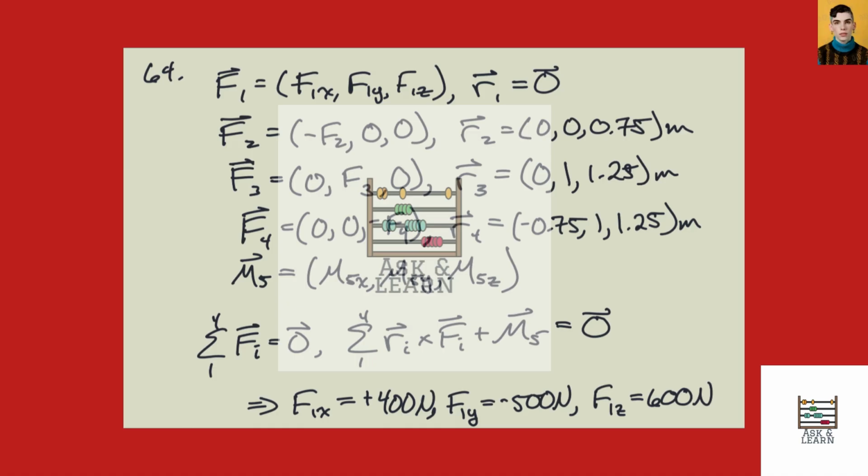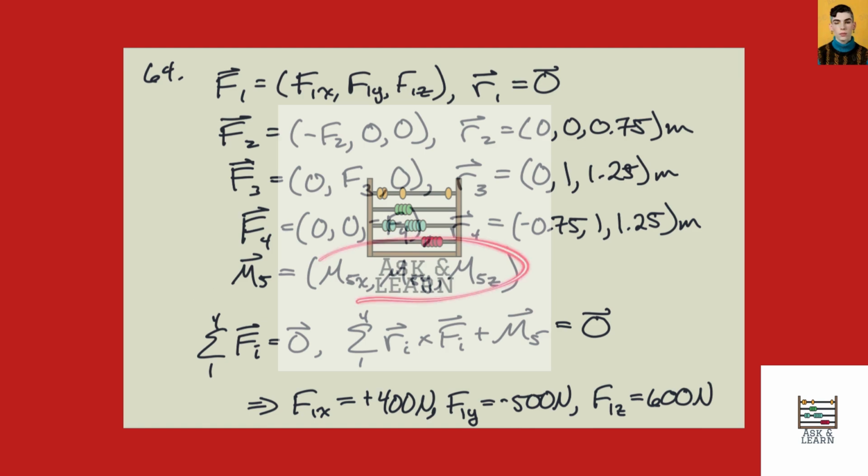It turns out that the x component of the reaction force is 400 newtons, the y component is minus 500 newtons, and the z component is 600 newtons. That makes sense because each of these applied loads is in just one of the directions, so these three forces basically have to counteract those three applied loads.